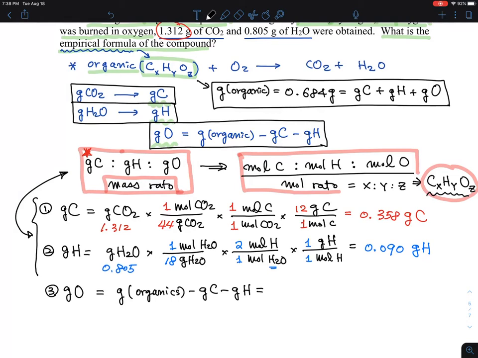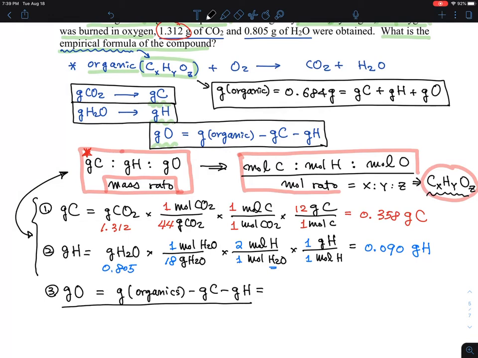So we cannot have a one-to-one correspondence such as moles of carbon to moles of CO2, or moles of hydrogen to moles of H2O. So we can just use the conservation of mass idea.